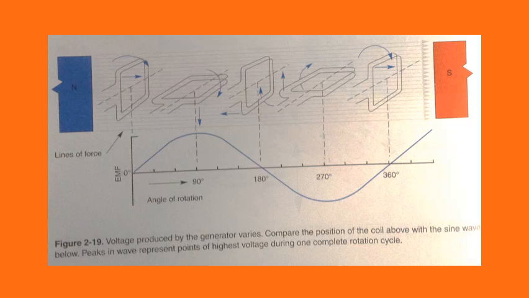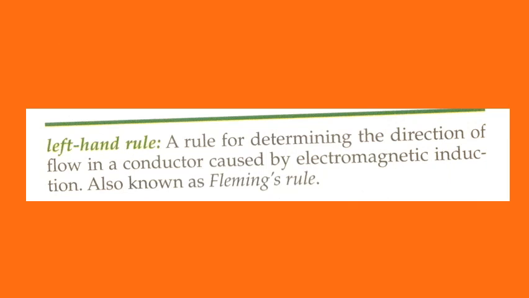Direction of induced current. Current from a spinning generator will always move in a specified direction. You can determine this direction by knowing the left-hand rules. The left-hand rule for generators, figure 2-20. Point your thumb, forefinger, and middle finger of the left hand at right angles to each other.